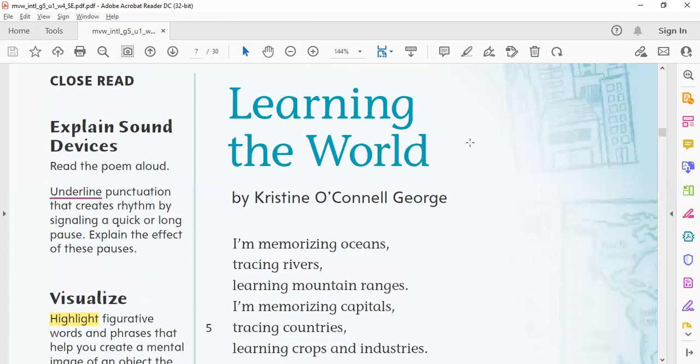So learning the world, what does that tell you? Mu'adh, what does that tell you? We're learning about the world. So what is the theme here in this poem? The theme is learning about the world.